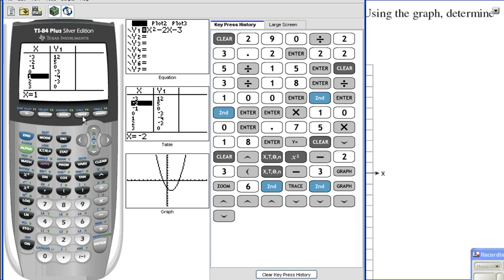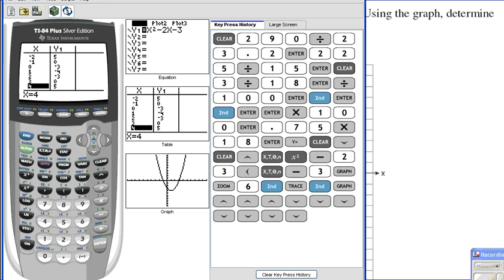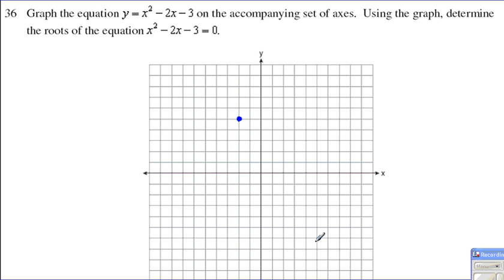Okay, so negative 3 was 12, since it's going to go beyond 12. Let's start from negative 2. Negative 2 and then 5. And then next one is negative 1 comma 0.